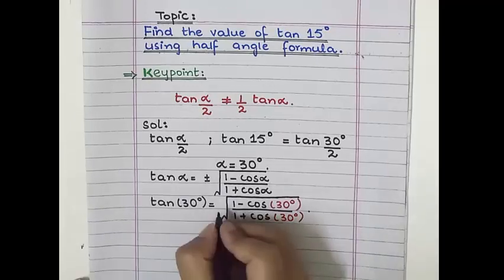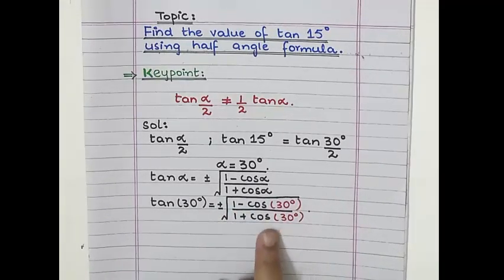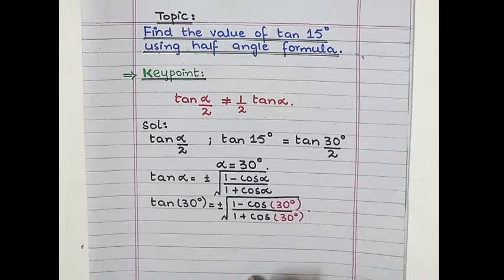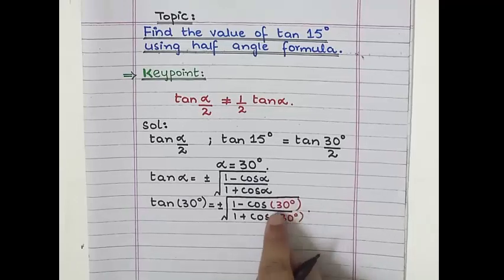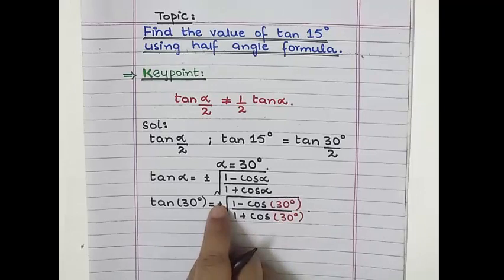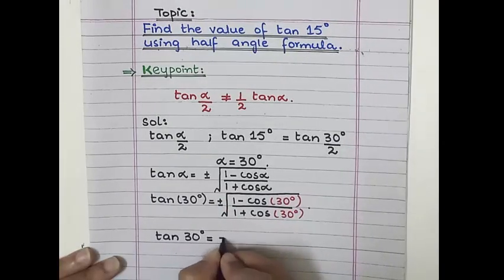And here we have a positive and negative sign. When the answer is given by a square root, one needs to determine the sign by checking the slope of the line. In this case, a line through the origin making an angle of 30 degrees has a positive slope. So it means the answer will have a positive sign.